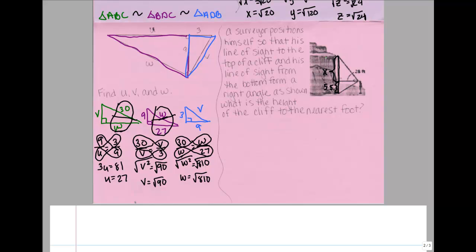So let's go ahead and draw our three triangles. There is the largest one here. And the only thing that we know is this hypotenuse of the largest, which is just x plus 5.5.